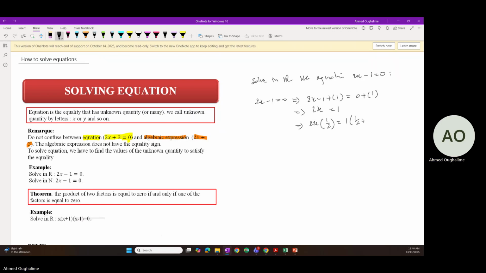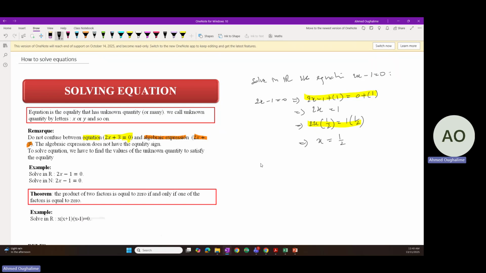Then I would get x equal to half. So this is the answer. Usually we would skip these steps, we don't write them down in our steps. You can do that mentally, you aren't required to write it.